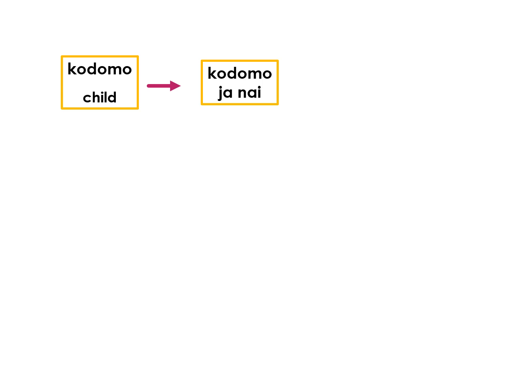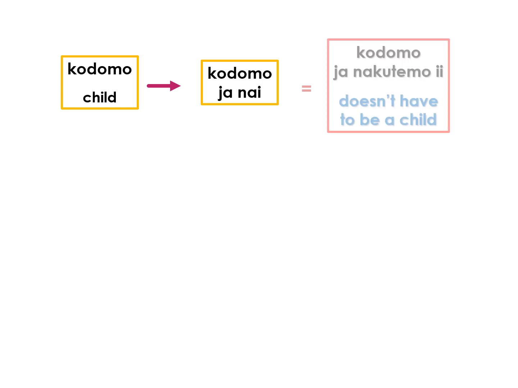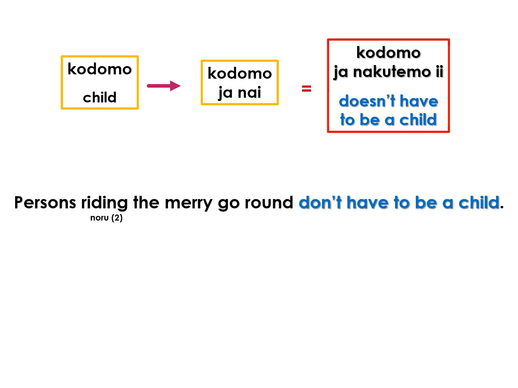or 子供ではない. Transforming, we have 子供じゃなくてもいい or 子供ではなくてもいい, which means doesn't have to be a child. Persons riding the merry-go-round don't have to be a child.